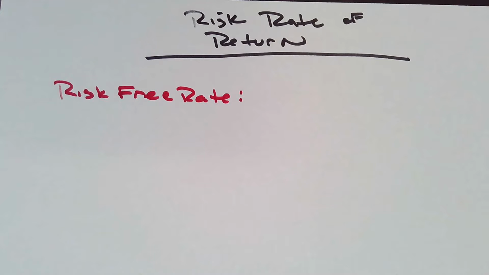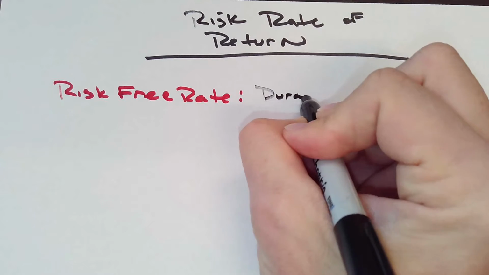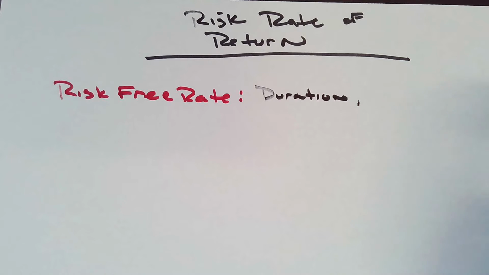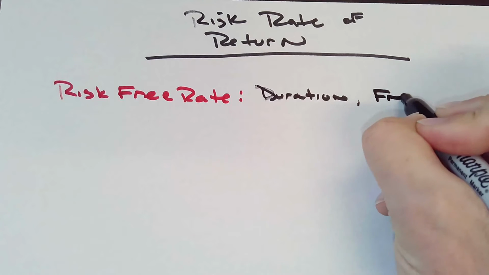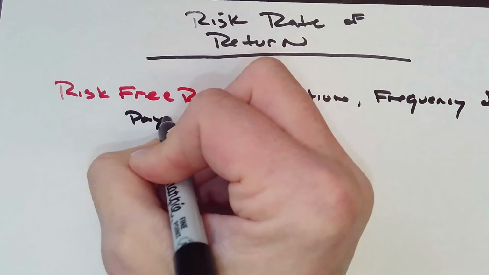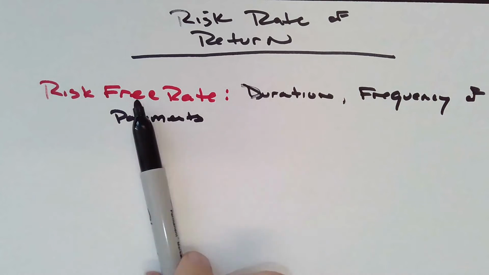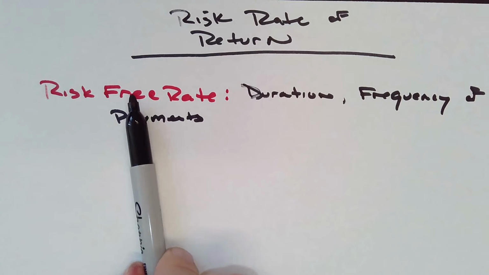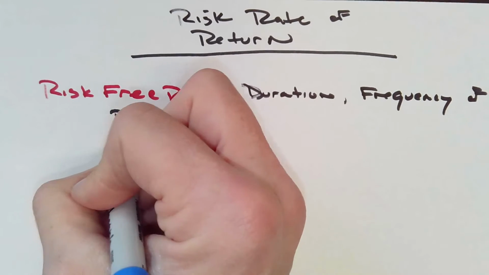Right? And we're going to look at the duration of the instrument, how long it's going to be out there. We're going to look at frequency of payments. Right? And that's going to help us figure out, well, what does this debt without any risk most likely resemble? And when we go and look for the risk-free rate, we're usually using the treasury rate.